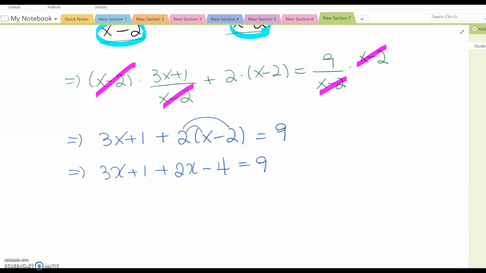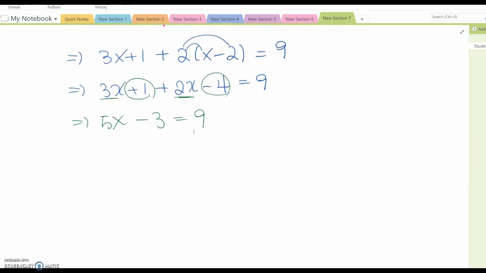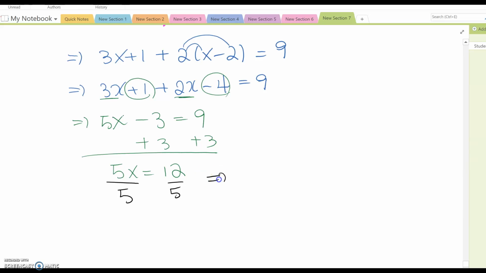You combine like terms, then this becomes 5x minus 3 equal to 9, and combine 3, then 5x equal to 12. So divide by 5, therefore x equals 12 over 5.